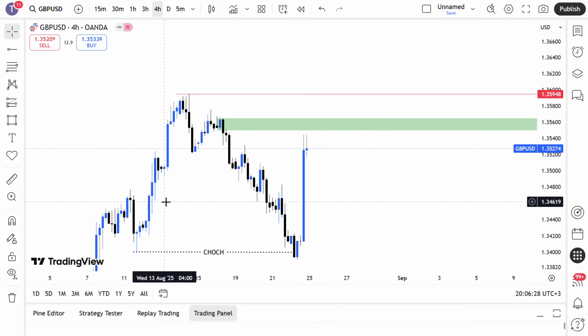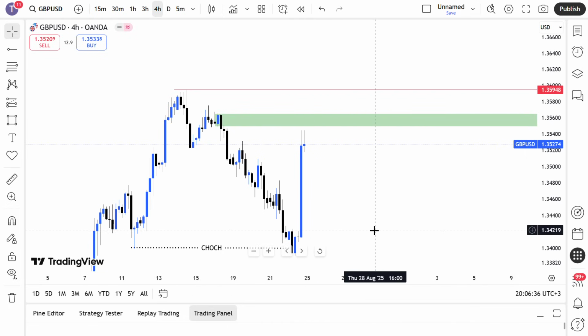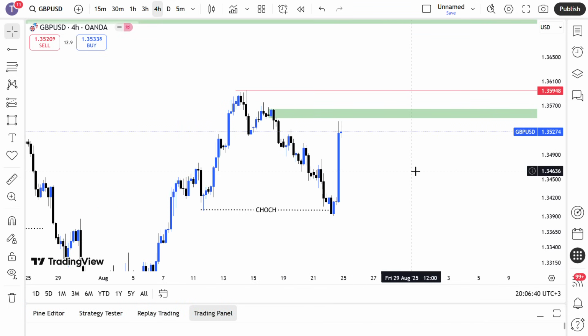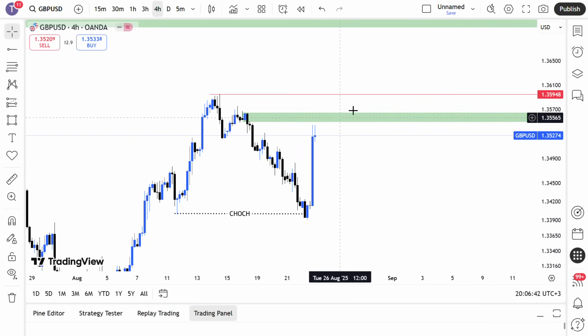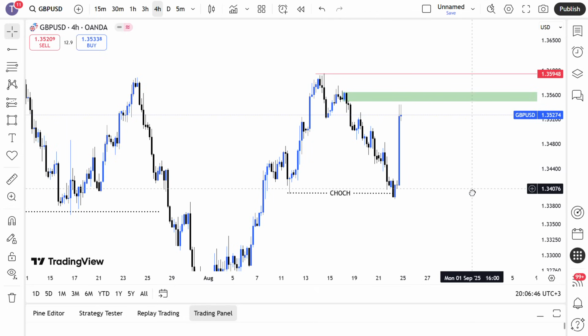So I will be expecting to see a confirmation before I take any decision of making an entry from this area to the downside. So kindly wait patiently and see if we can have a very good confirmation to the downside. So that is on GBPUSD.